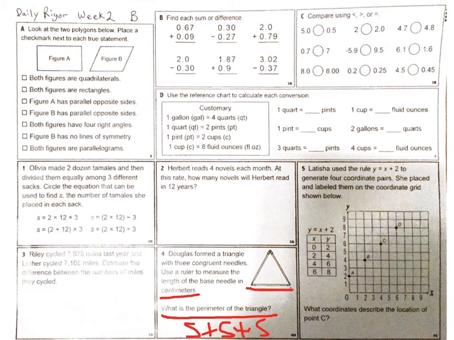All right, number 5. Letitia used the rule y equals x plus 2 to generate 4 coordinate pairs. She placed and labeled them on the coordinate grid shown. So they've already done it for you. All you have to do is label the coordinates, because coordinates describe the location of point C. So here's C. What are the coordinates?